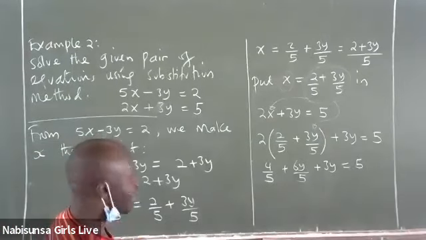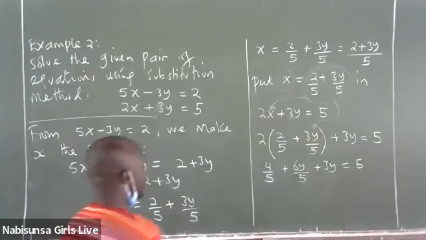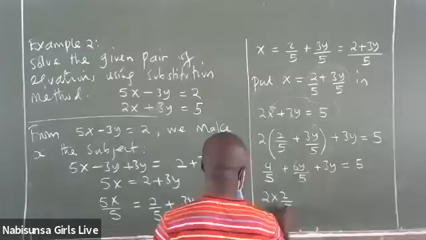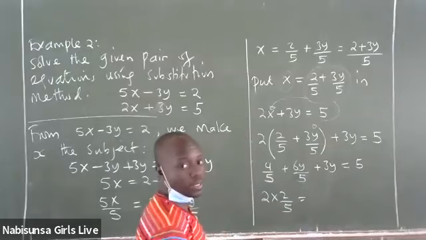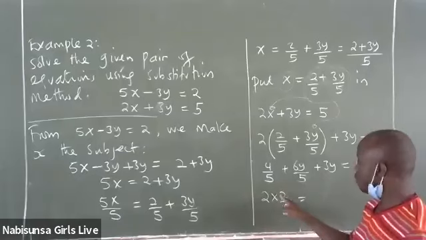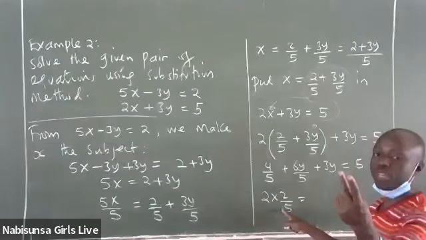Kalema, a whole number times a fraction gives you a product. Remember, this simply means 2 over 5 has been added 2 times.